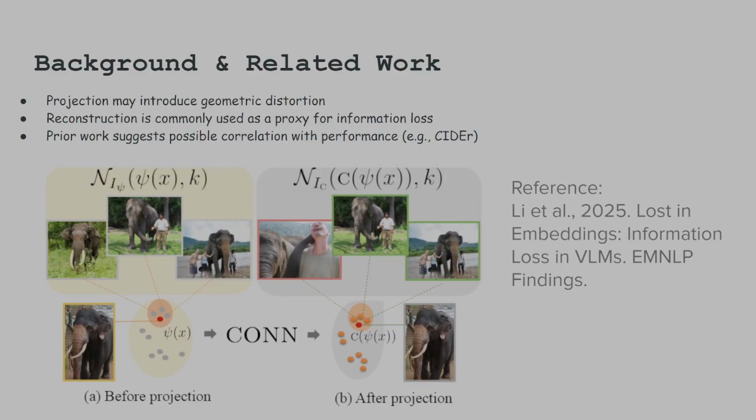They also used reconstruction models to reconstruct the vector after the projection back to before the projection, and correlated that information with the CIDEr score to show that you can somehow predict the CIDEr score degradation in the end, but they're not that consistent, which means that some models don't really have it.